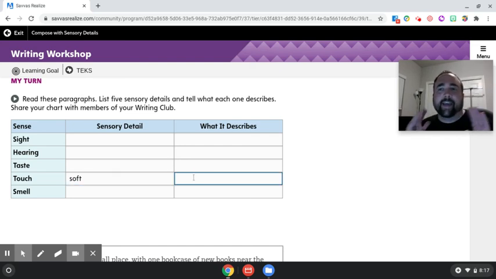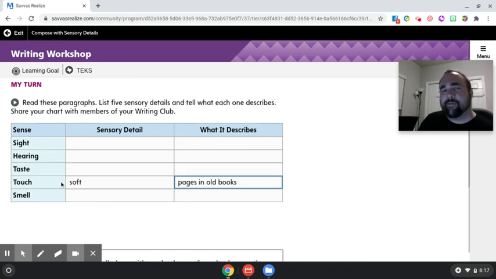Soft. And then what it describes. Pages in old books. There you go. That's what you're doing. You're finding details that match with sight, hearing, taste, touch, and smell. I challenge you, see if you can find another touch sensory detail besides the one I found.